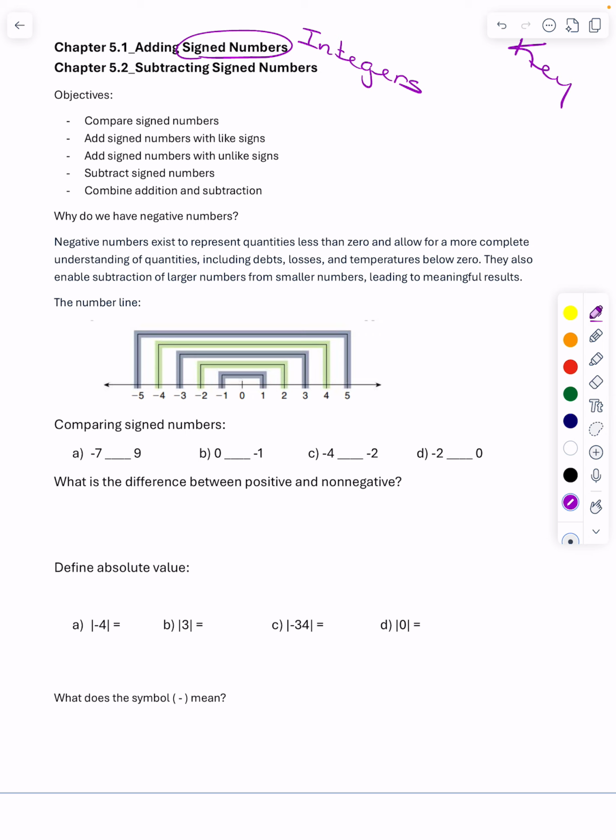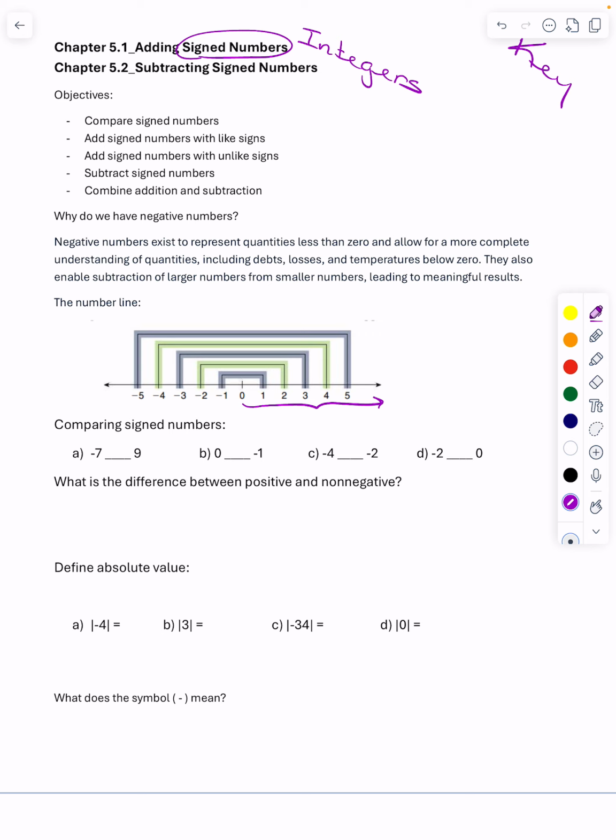So to the right, with the positive numbers, they count the way we expect them to, going up 1, 2, 3, 4, 5. To the left, the smaller digits are actually larger. Okay. So when we compare, just like when we compared positive numbers, anything further to the right is going to be larger.